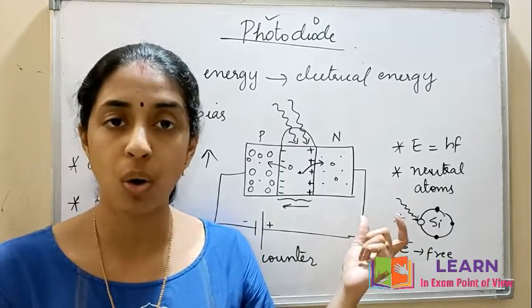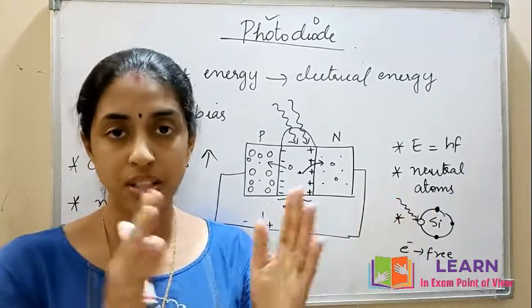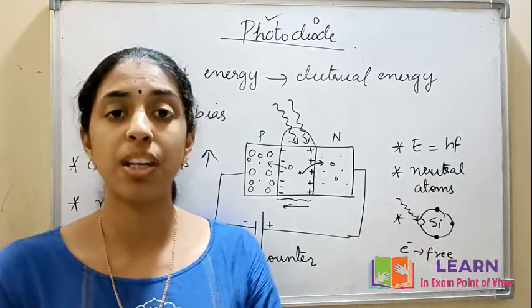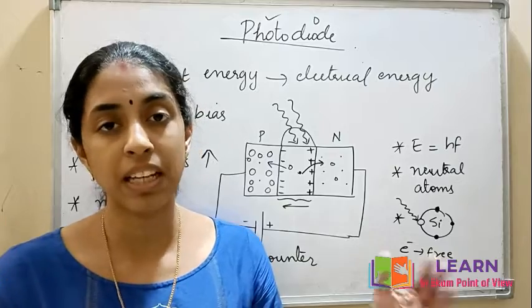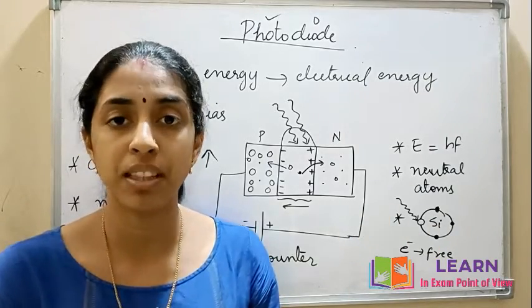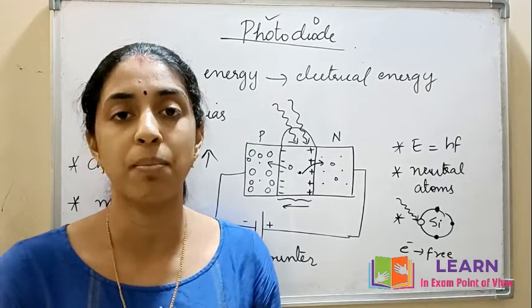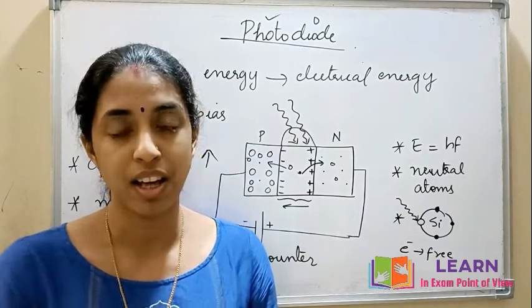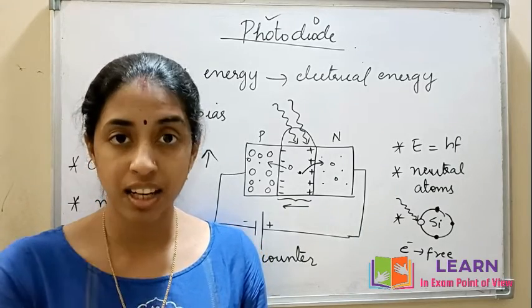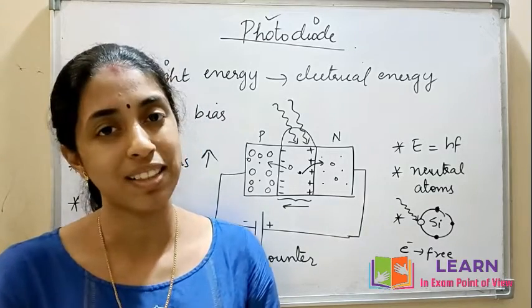The generated electrons and holes get attracted to their opposite charges, P and N. So the number of charge carriers in both P type and N type increases, which makes a sudden jump in the current from the constant microampere current of reverse biasing. So it is used mainly as a counter, and when the light is cut, it makes a count.